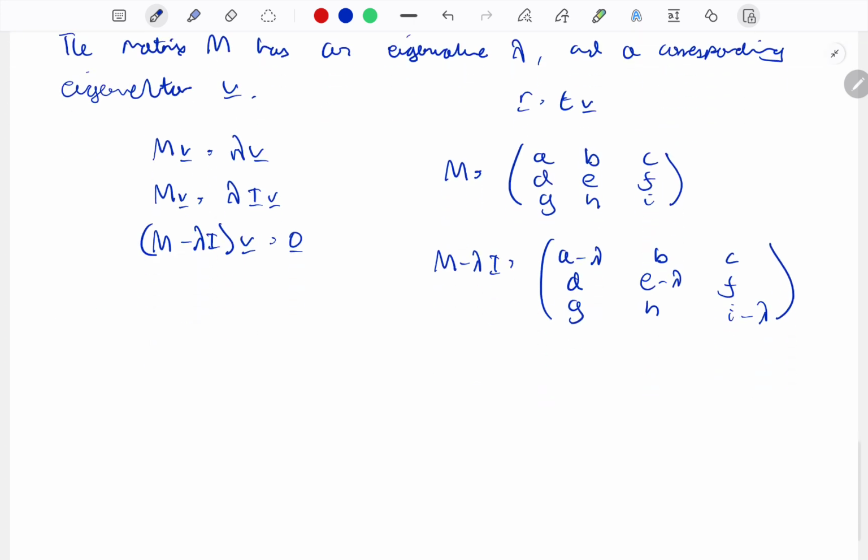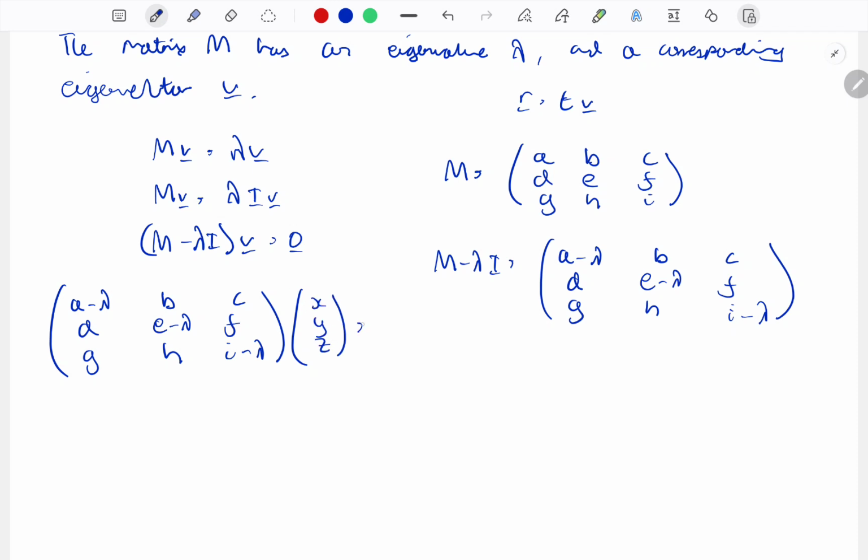M minus lambda I V would be this matrix multiplied by V, (X, Y, Z), is equal to O. A minus lambda X plus BY plus CZ is equal to 0.